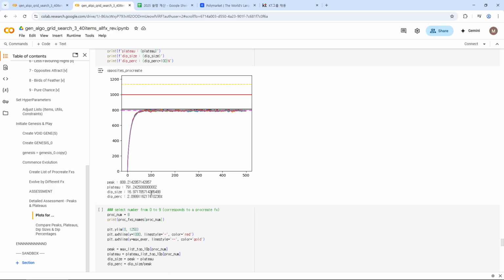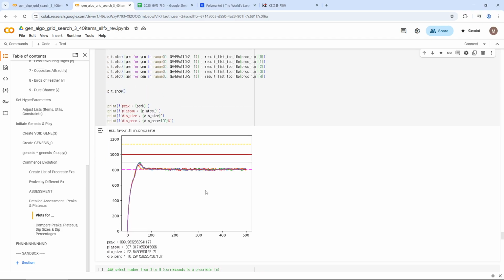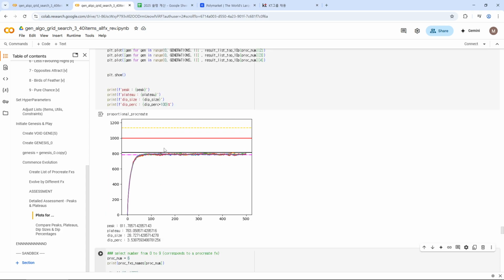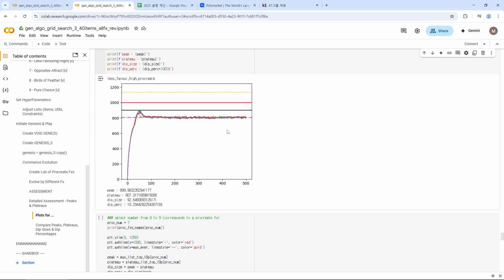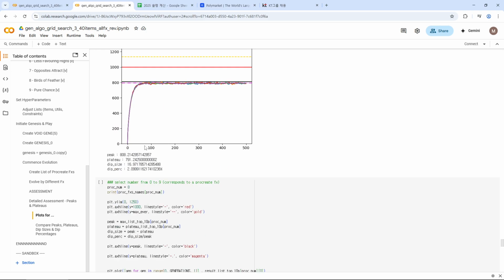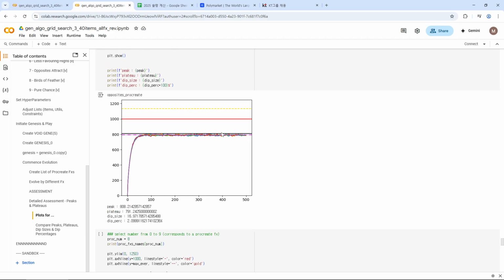Again, the dips are smaller than when we used the proportional procreate, and the overall level is also lower here.